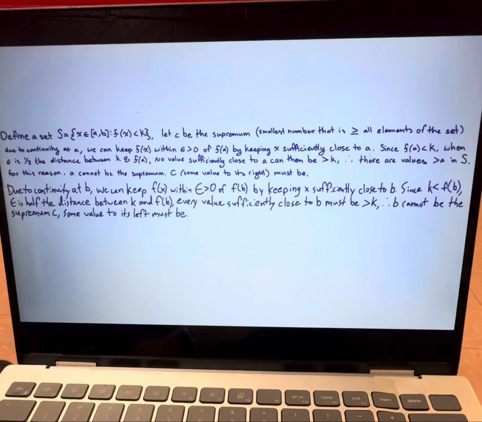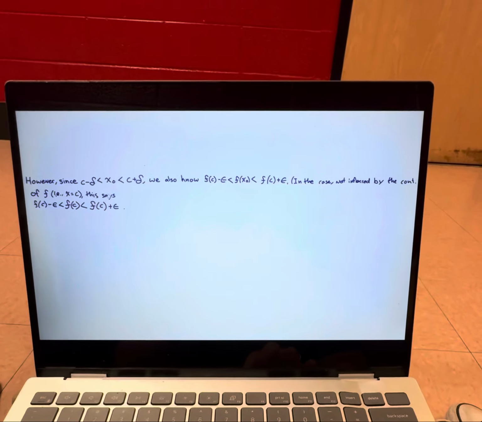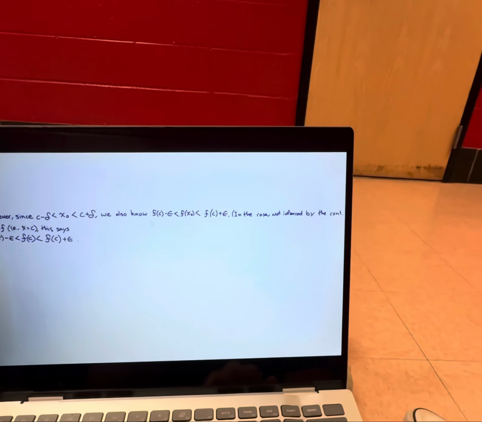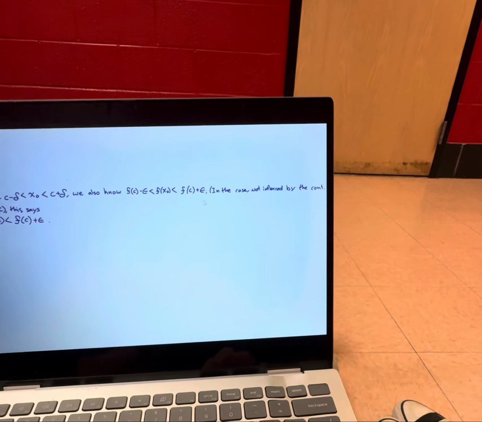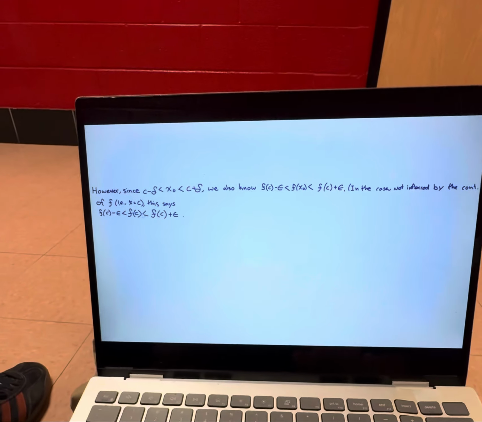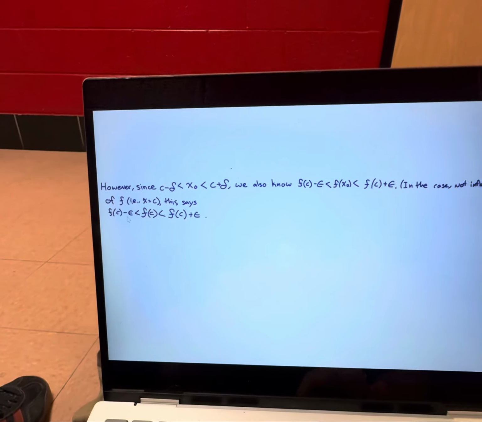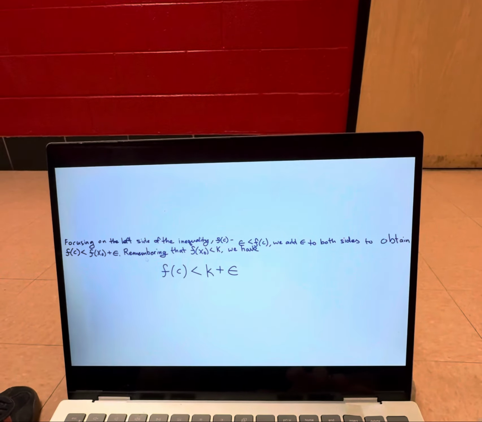Now, there must exist some x naught that is in c minus delta comma c inclusive, where f of x naught is less than k. If there wasn't, then c would not have been the supremum of the set. Some values to the left would have been. Since c minus delta is less than x naught, which is less than c plus delta, we also know that f of c minus epsilon is less than f of x naught, which is less than f of c plus epsilon. By continuity, this says that f of c minus epsilon is less than f of c is less than f of c plus epsilon.